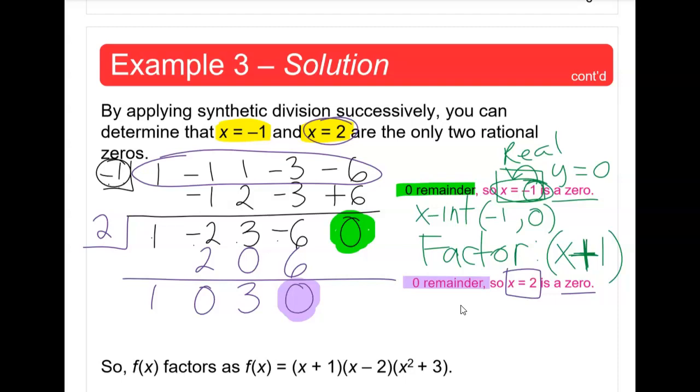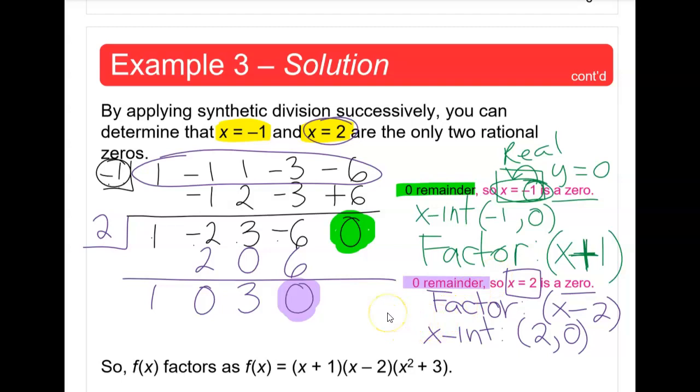So we already know that it's a real number, so the x-intercept is going to be occurring at 2, 0. And also, we know that the factor that will come from this solution is going to be x minus 2, in parentheses, because we're talking about factors.